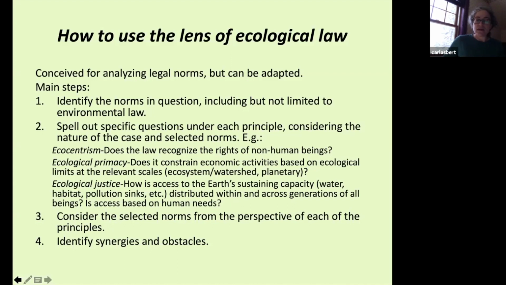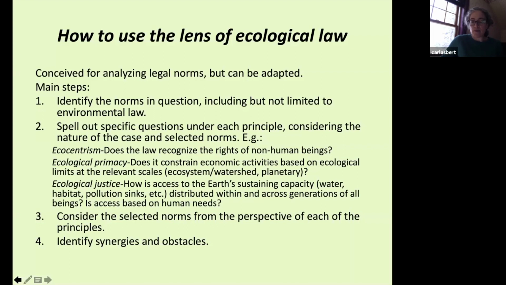So the first step is to identify the norms, and Geoff presented a pretty comprehensive list of what can be included really in this first step. So I'm not going to get too much into this, just to say that the norms really depend on the nature of the case.